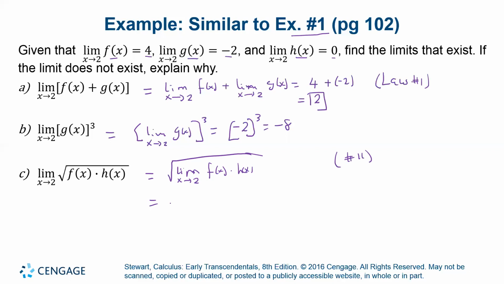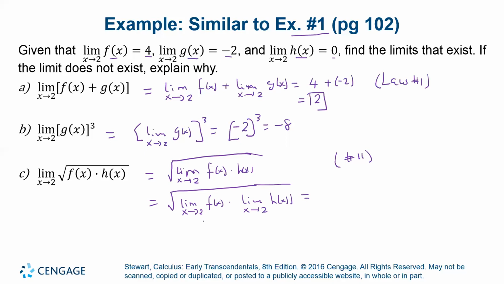Now, because this is a product, we can use law number 4 to write it as the limit as x approaches 2 of f of x times the limit as x approaches 2 of h of x.